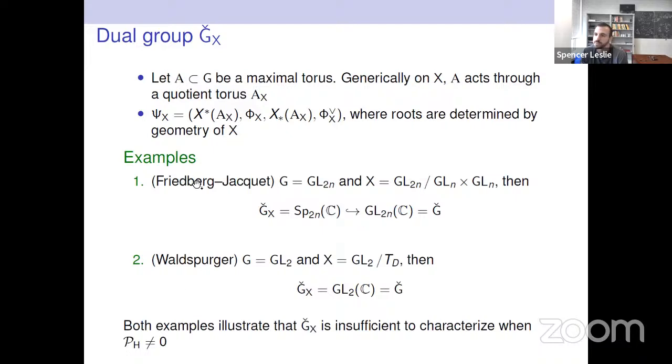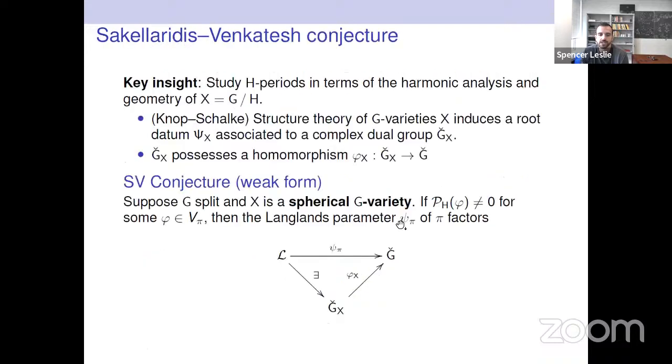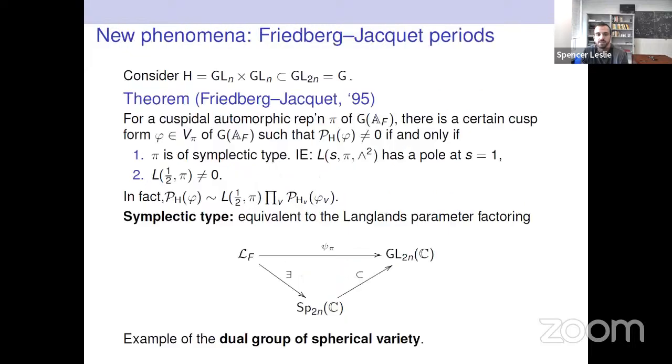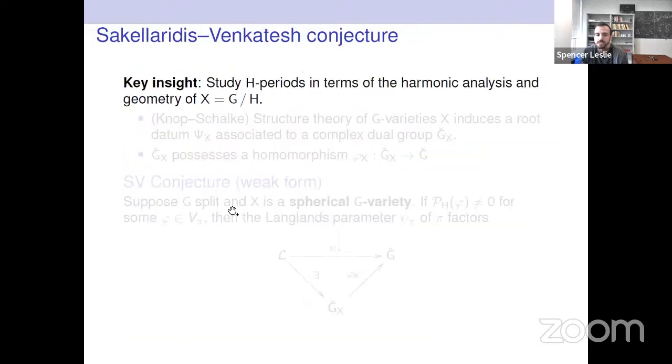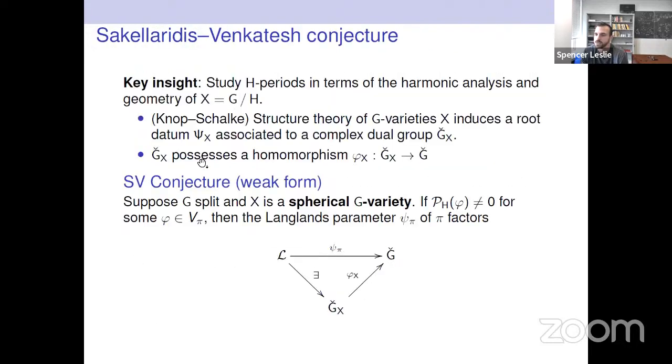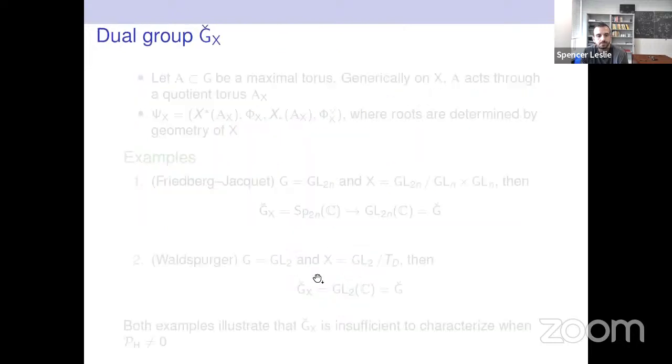And even going back to the Friedberg-Jacquet setting, this picture here and this conjecture of Sakellaridis and Venkatesh says nothing about the actual value, this non-vanishing of this central value of the L function. So this global constraint is not contained in this sort of a picture.